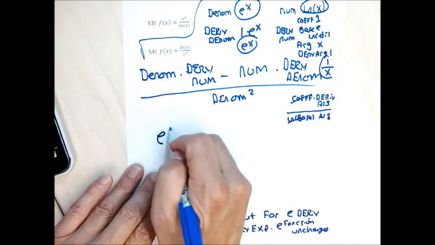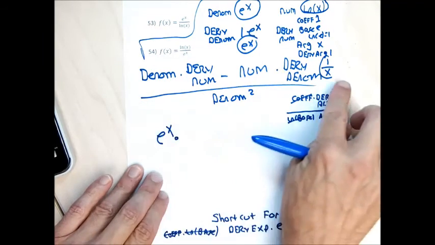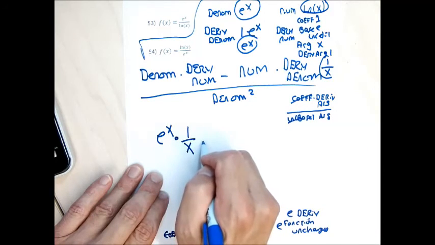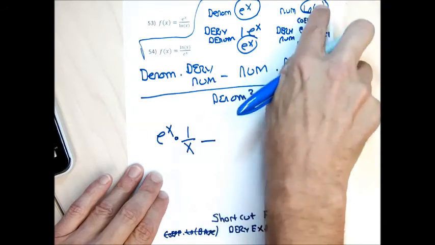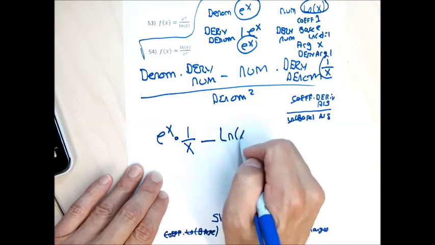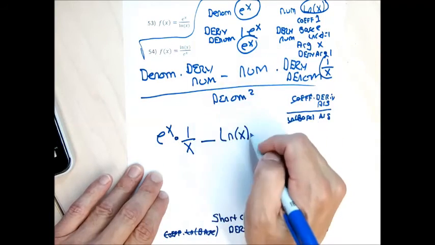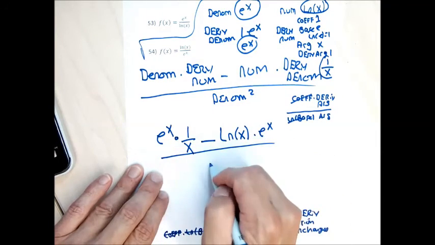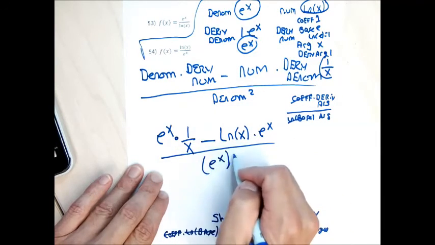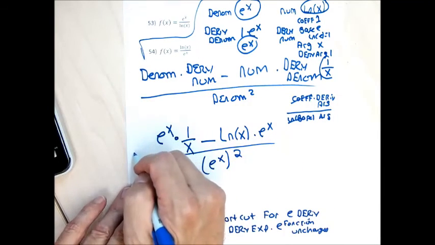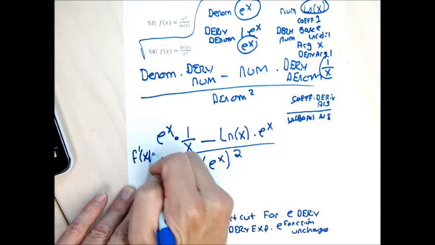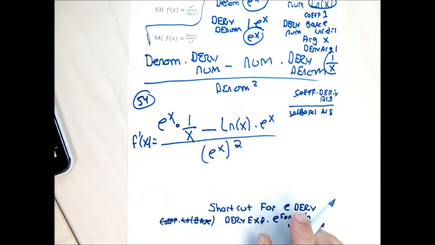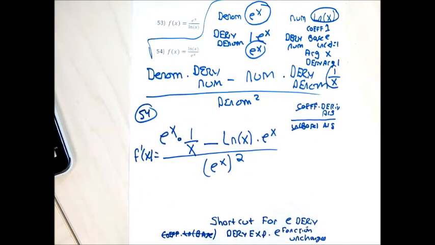Denominator, e to the x, times derivative of the numerator, 1 over x, minus numerator, natural log of x, times derivative of the denominator, e to the x, all over the denominator squared. And I should probably write f prime of x equals, and this is for problem 54. I don't know if your problem is harder or easier, it's just different.